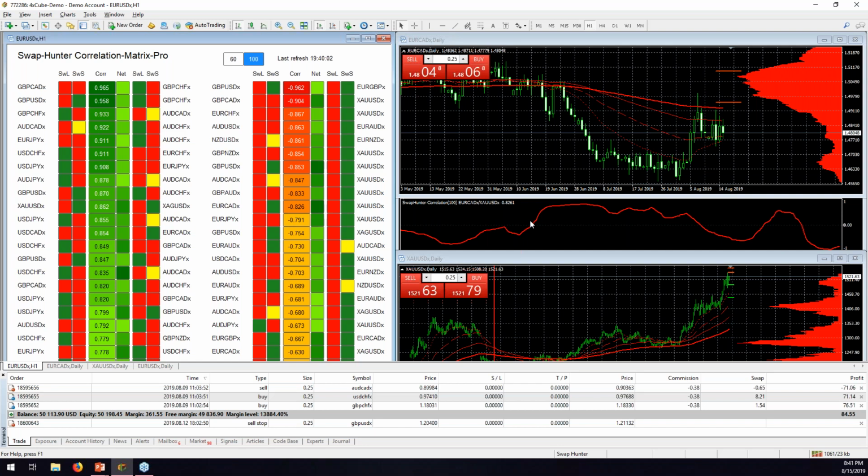To have the Swap Hunter package in your arsenal of trading tools, it just allows you more security, less stress because you're hedged, less risk because you're hedged, and it's an extremely effective and powerful tool.